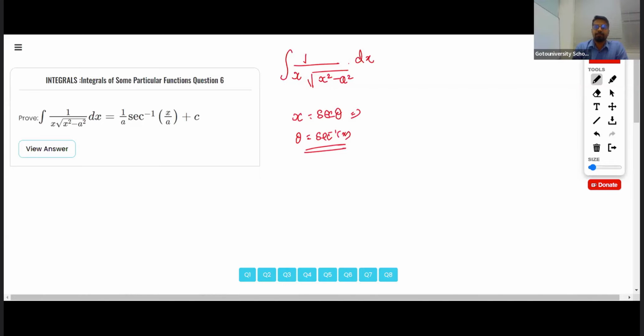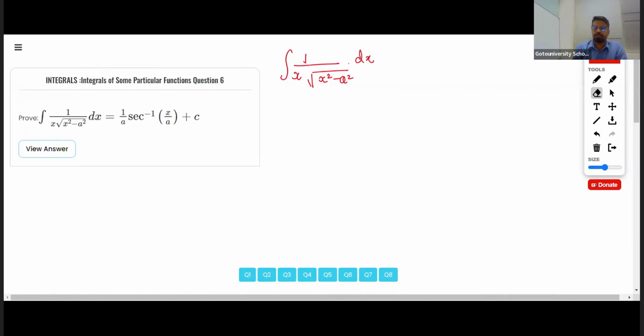Okay. So what is differentiation of this? dx is equal to secant theta into tan theta. So there is a small correction. x is equal to a secant theta. Let me do this again. Based on the question, we need to assume the substitution, right?